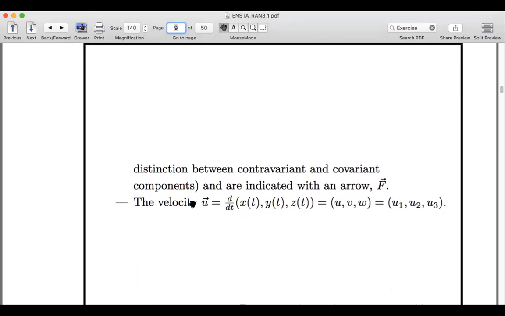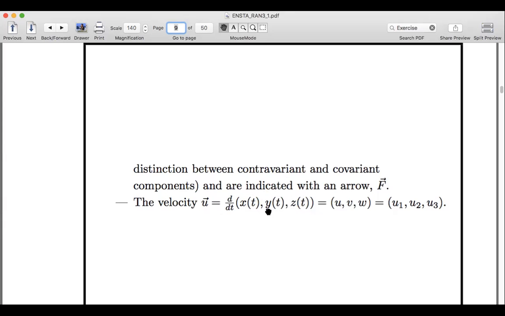So we use vectors because it allows us to simplify our description of physical quantities that have a magnitude and a direction. Not all things with a magnitude and a direction can be represented as a vector, but there are some things that can, for instance, the velocity. It could be the velocity of a particle. If we wrote the x, y, and z coordinates of some particle as functions of time, so this is a parameterized curve, if you like, but I simply mean I have three functions.